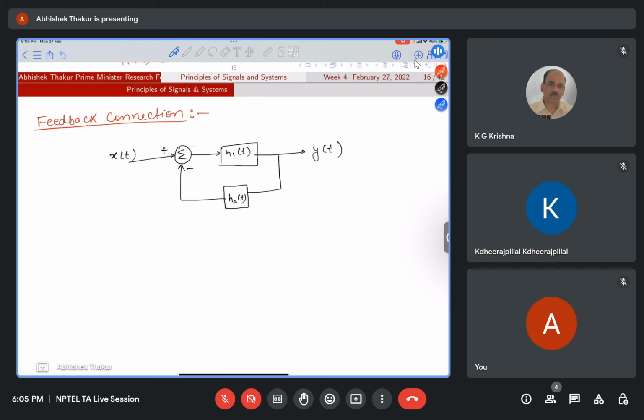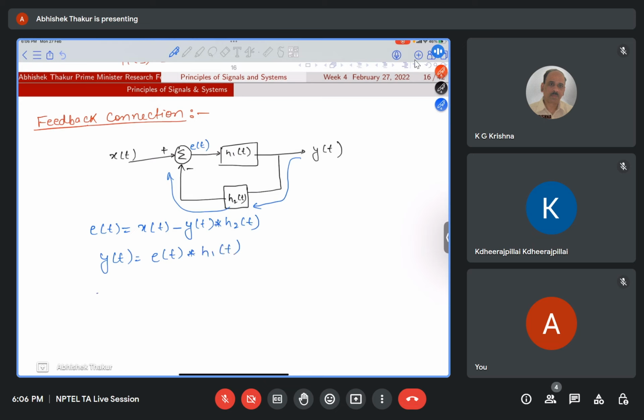Let's suppose here it is e(t). So e(t) will be x(t) minus y(t) convolution h2(t), because this is coming here. And also we can write y(t) as e(t) convolution h1(t).